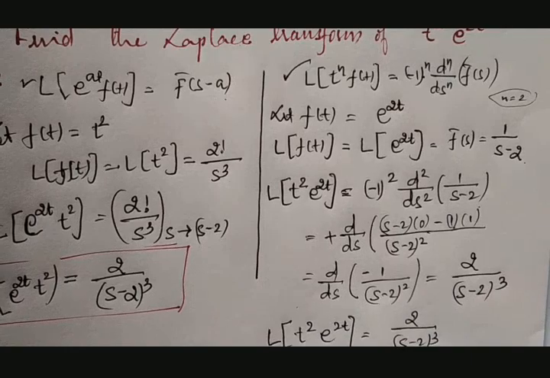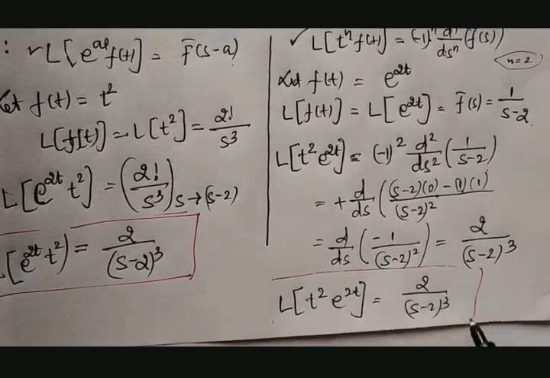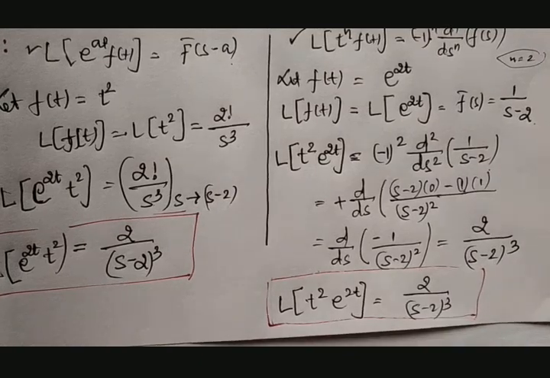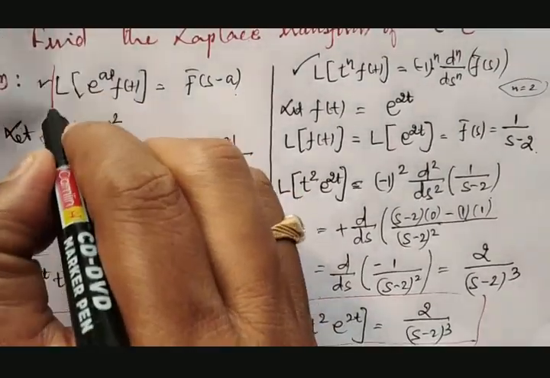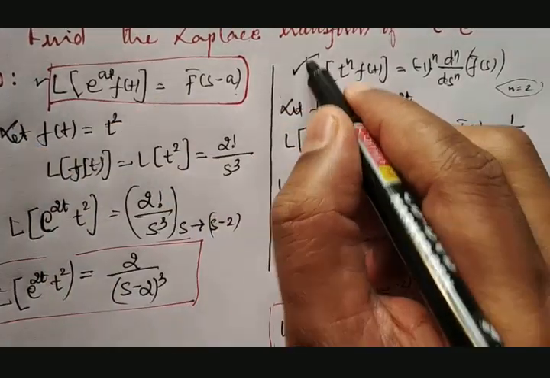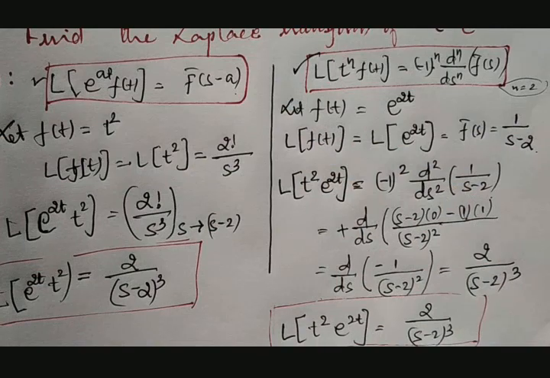And if you observe, both the results are same, even though we adopted different properties to solve the same example. Here the preference is given to shifting property, and here the preference is given to derivative property, but the result remains same.